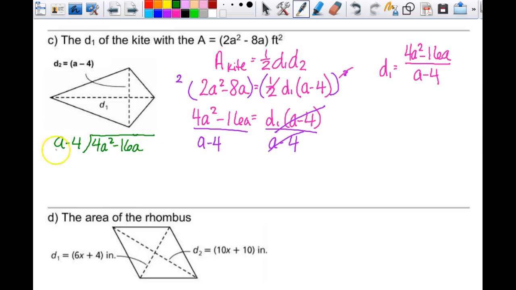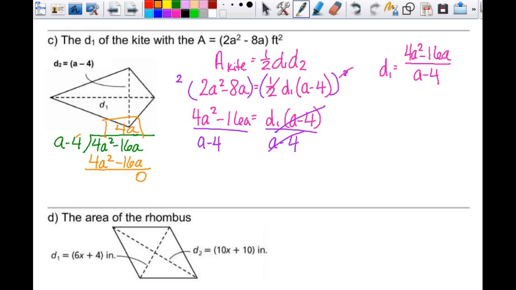So how many times does A go into 4A? You don't like polynomial long division?